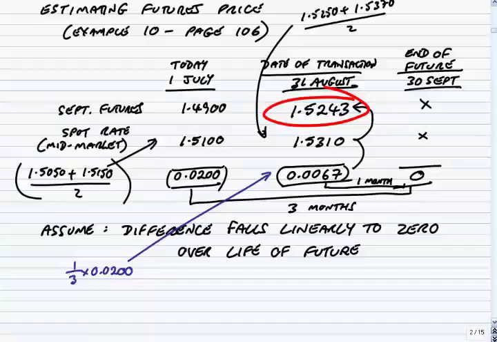Then showing what happens on the date of the transaction. But you will have the one extra bit here, that on the date of the transaction, you're given the spot rate, but you're going to have to estimate the futures price. So you have a go at example 11. In the next lecture, I'll work through example 11 and then make a couple of final points to do with futures.